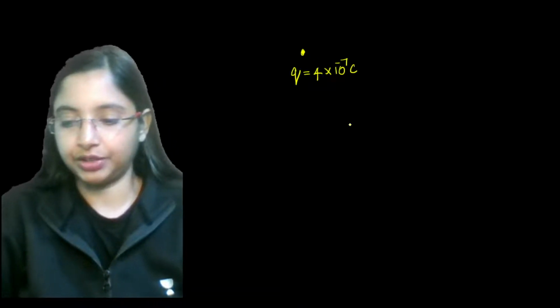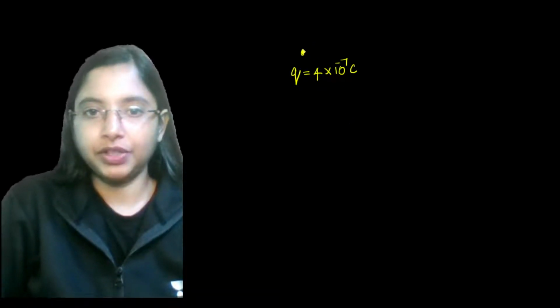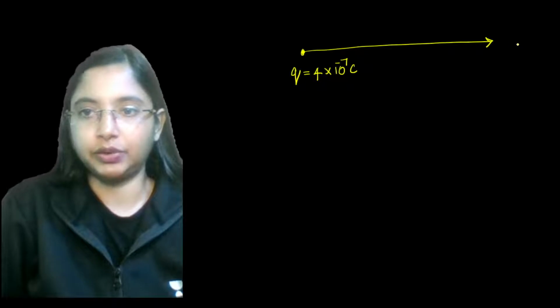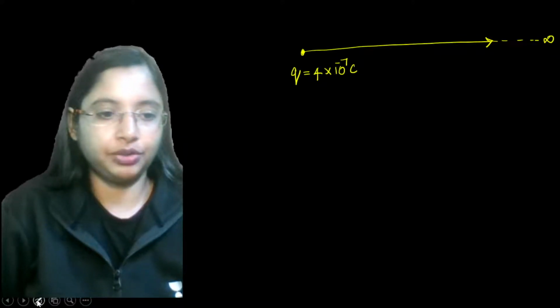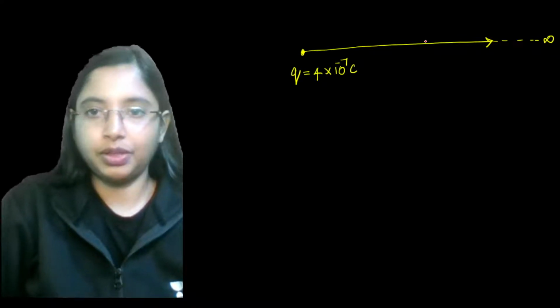So it's a positive charge, and a positive charge will be going radially outwards. Now from infinity, you're moving a test charge to some point P over here.